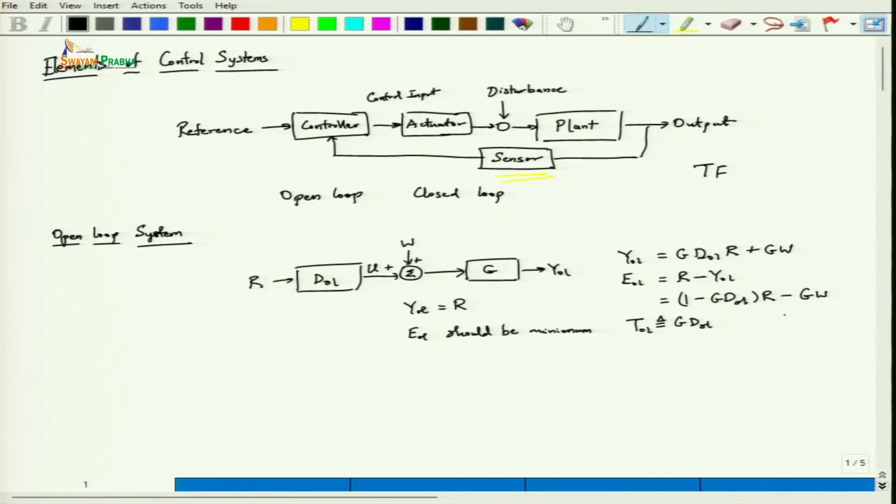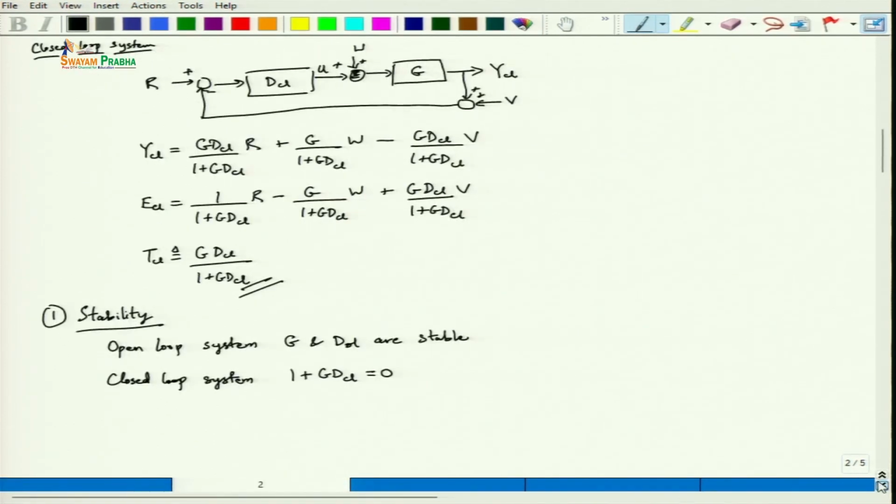The only thing we can change is the controller, which in this case is DOL. So, you will see that since the contribution of W to the error is just G, changing DOL does not change the error, and therefore open loop systems are not very ideal for regulation, since they cannot change the contribution of the disturbance.